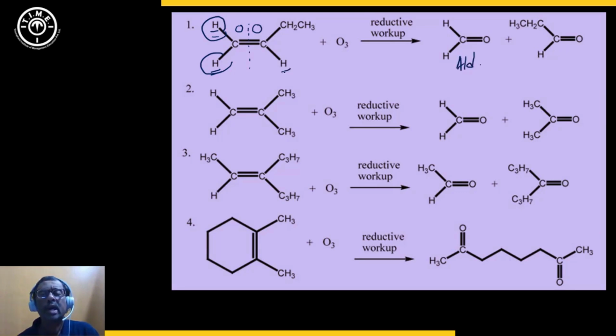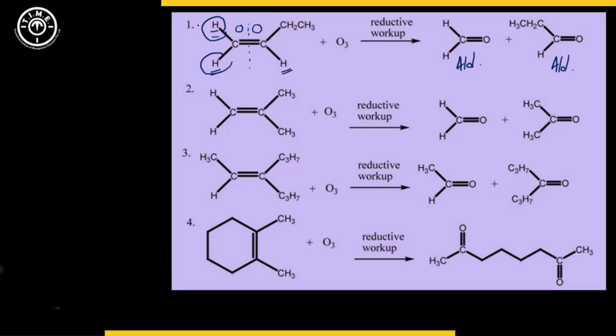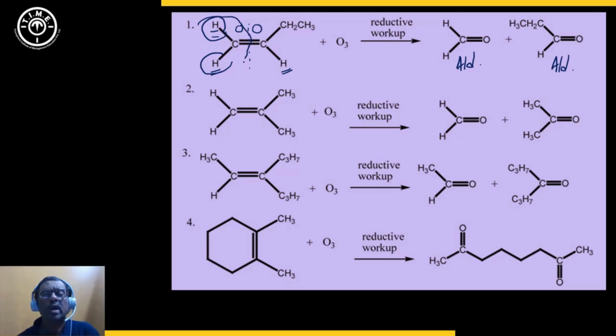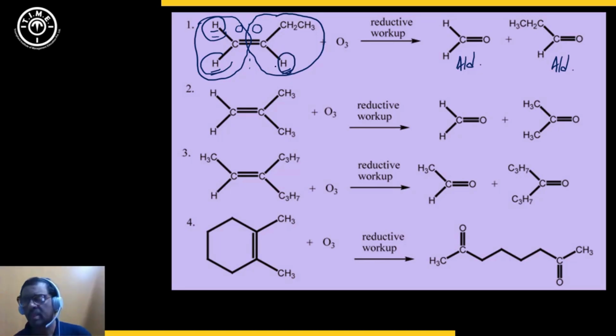Here at least one hydrogen is there, so you still have an aldehyde, right? So this part is one carbonyl compound which is an aldehyde. This part is another carbonyl compound that is an aldehyde, because it has at least one hydrogen. Now how many products of ozonolysis are formed, we will see as the session proceeds.